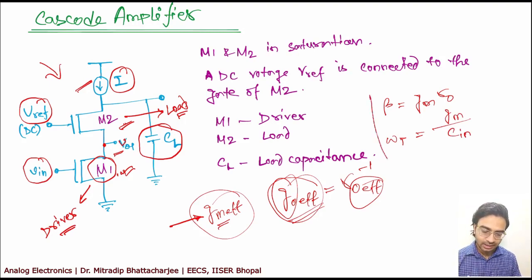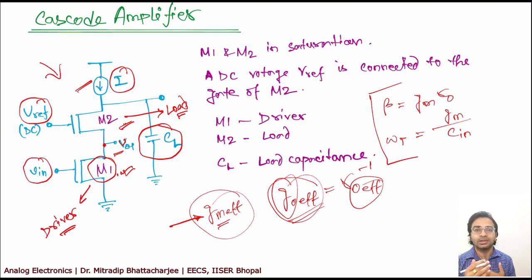These are the typical values we have already derived in case of MOSFET. So beta is your gain, omega T is your bandwidth, right? So we have to see that we are not losing the bandwidth while we are increasing the gain, or vice versa.